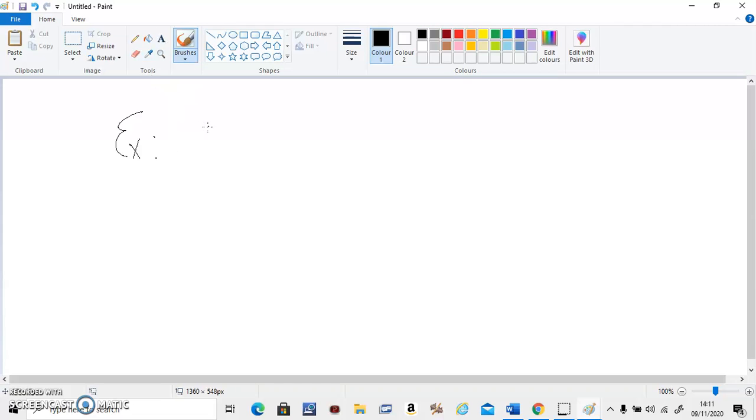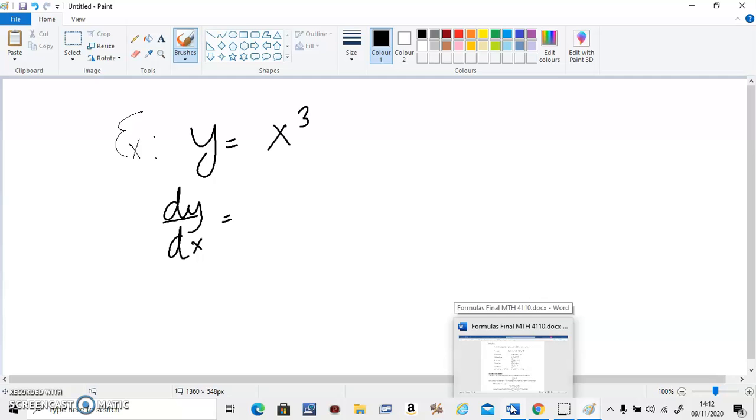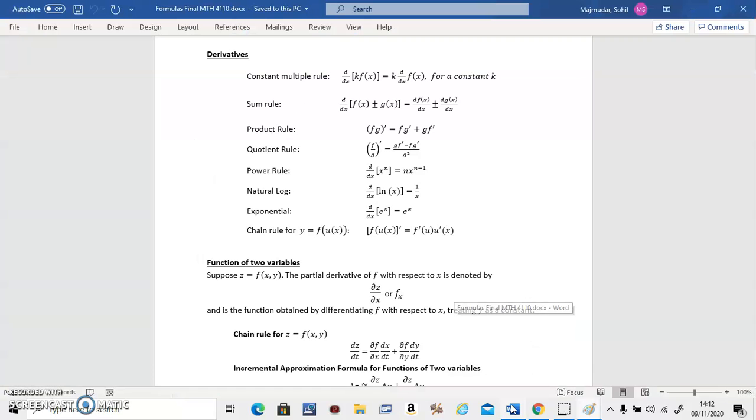Okay, if I give you an example, say y equals x cubed, and the question is find dy by dx. Now we don't want to use the difference quotient, we directly want to use the formulas. So go to your list of formulas and check which one this matches.